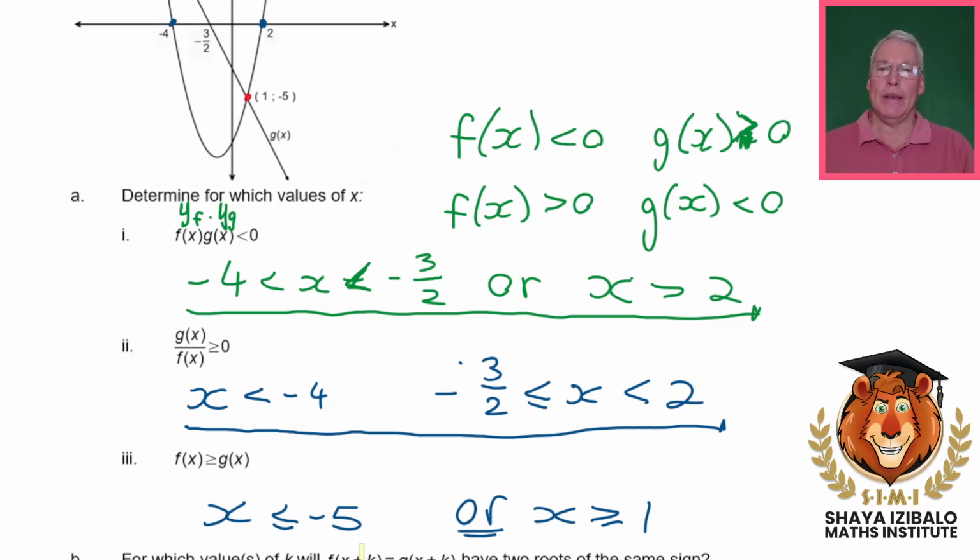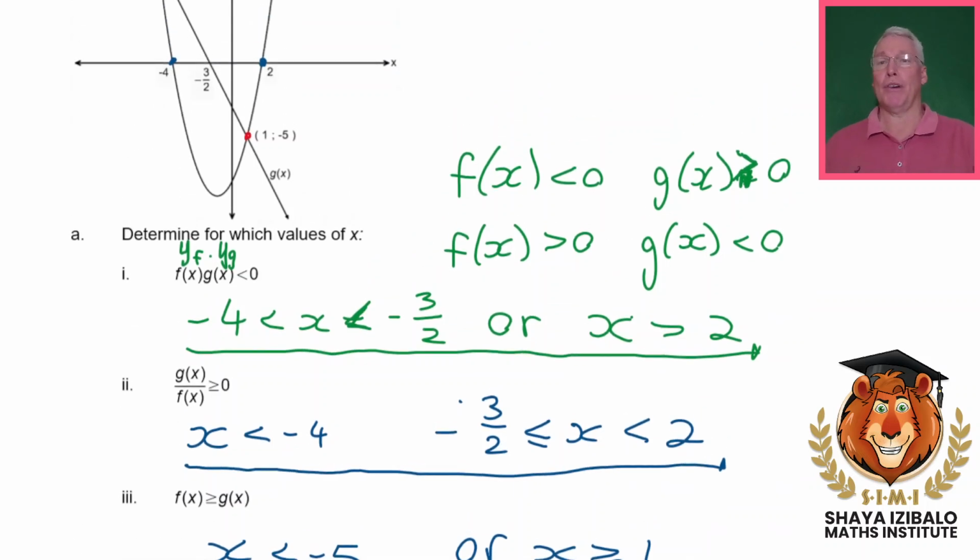Is this going to be a left-right horizontal shift or an up-down vertical shift? Yeah, it's a left-right shift. Okay, but both graphs are going to be shifted. So the question is, how much can we shift both graphs left or right so that the points of intersection have the same sign? At the moment we've got a -1 and a +1.